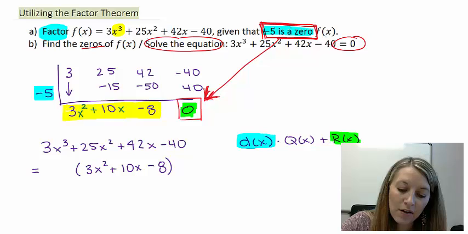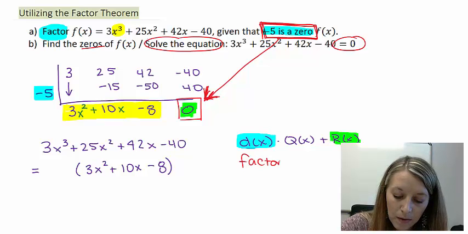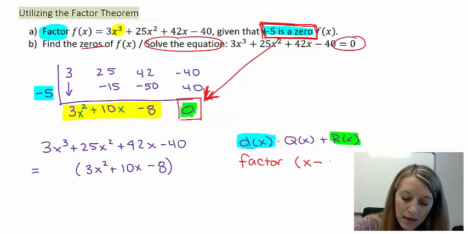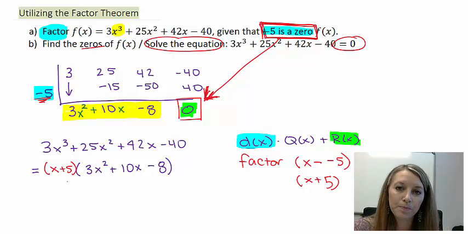Well, if negative 5 is a 0, then our factor is x minus a negative 5. Or if I simplify that, that becomes x plus 5, and so that's what my divisor is. That's how I go from a divisor to a factor.